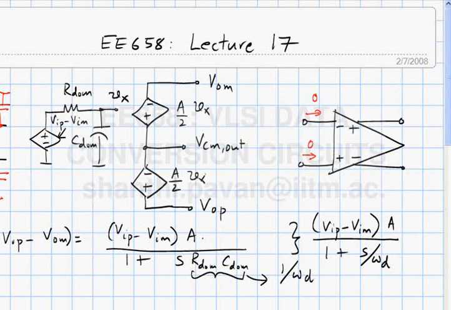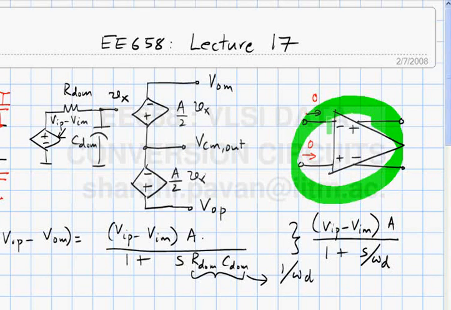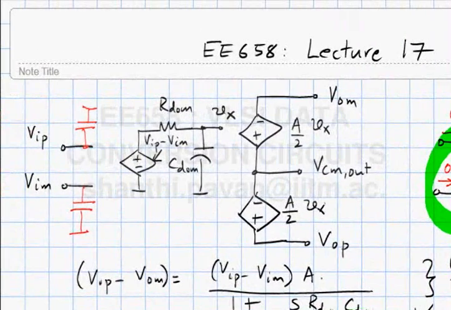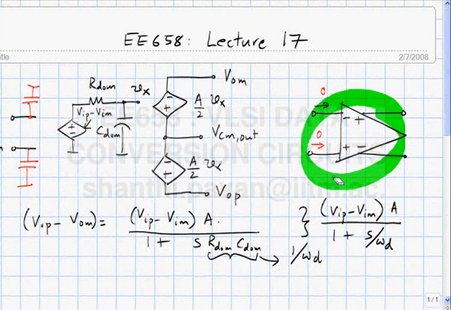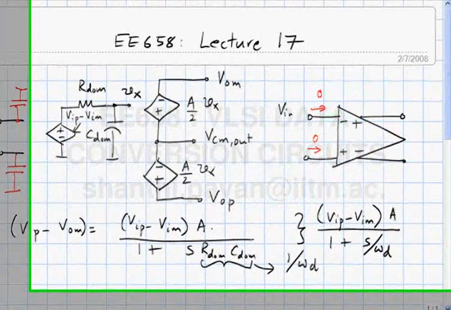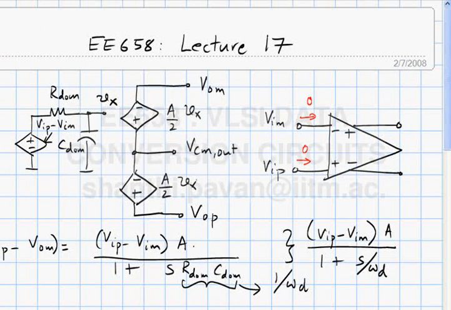So, any idea why the minus is put here and the plus is put there? Why couldn't I put minus plus and plus minus? So this is VIM, VIP, VOP, VOM. Why does it make sense to do this?